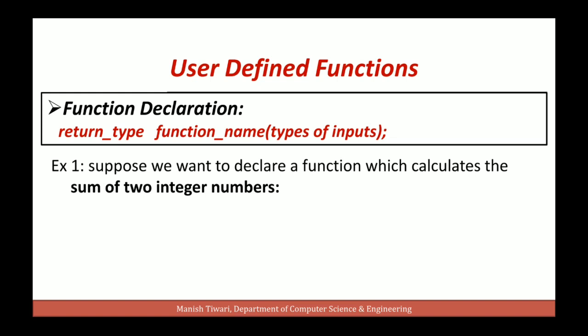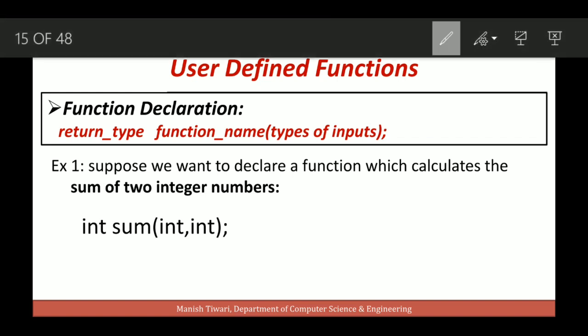So here we can take the name of the function as sum, and of course it will take two integers as input and it will provide an integer as output. So the declaration of the function will be this. Here you can see this int is the return type, that means the type of output. This sum is the name of the function, and here it takes two integers as input, so I have written int comma int.